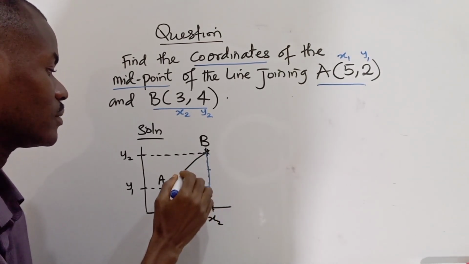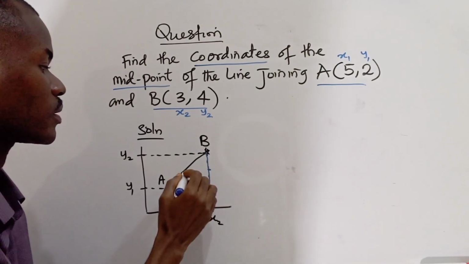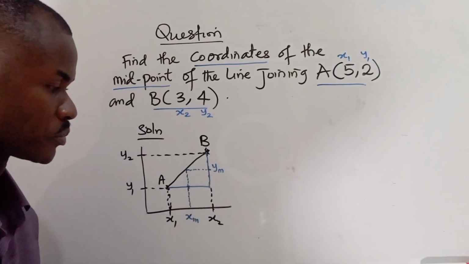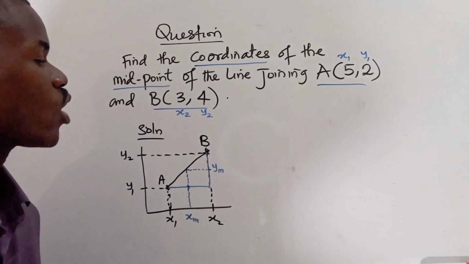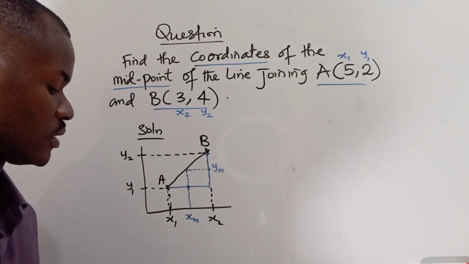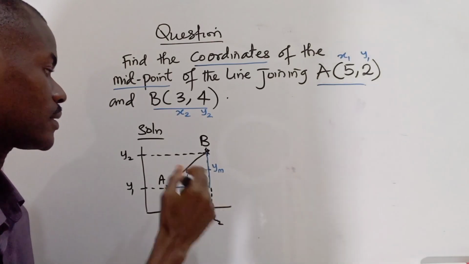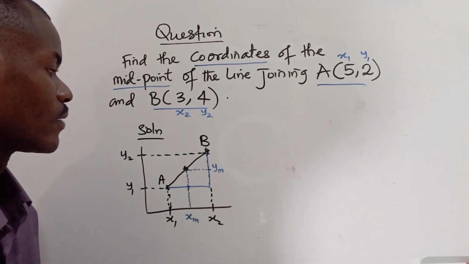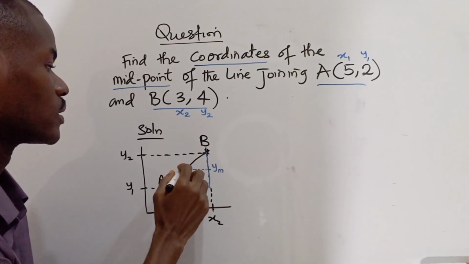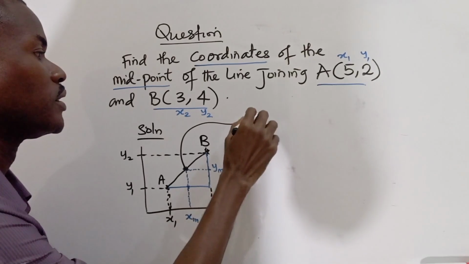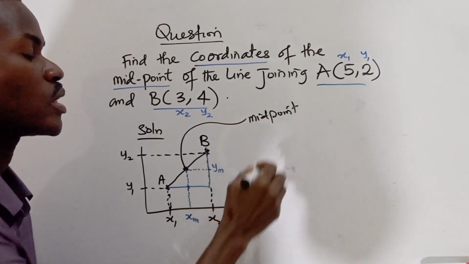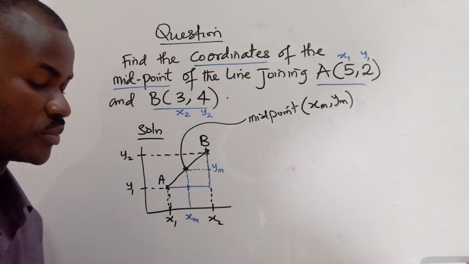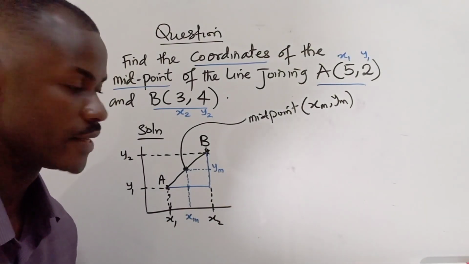If I take this to the right, you see that this is the y midpoint. So the coordinates will be at this point, and this is our midpoint. Let me label it. For our midpoint, we want to get our xn and yn, the values of xn and yn.